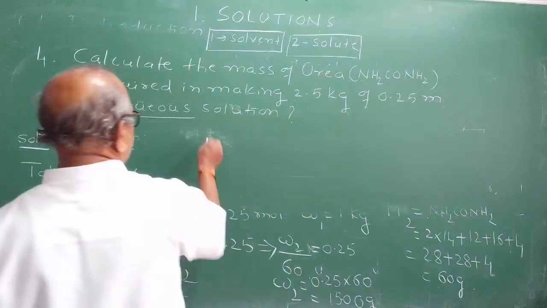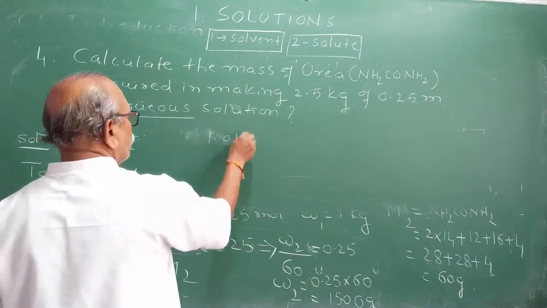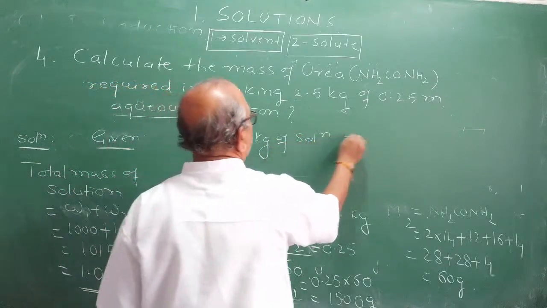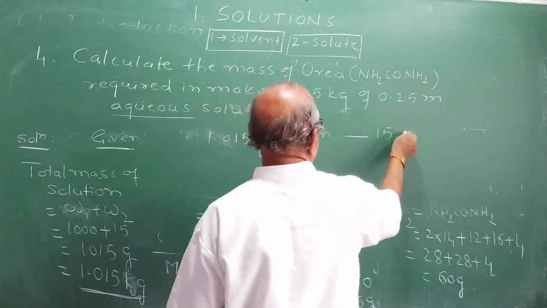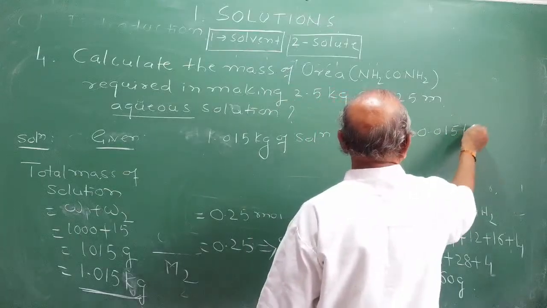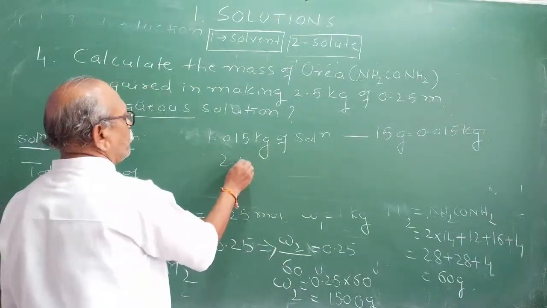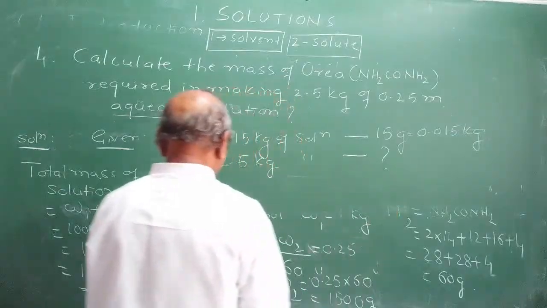1.015 kg of solution contains how many grams of urea? Mass of the urea is 15 grams, or you can say 0.015 kg. Then to prepare 2.5 kg of solution, what is the mass of urea required is asked.